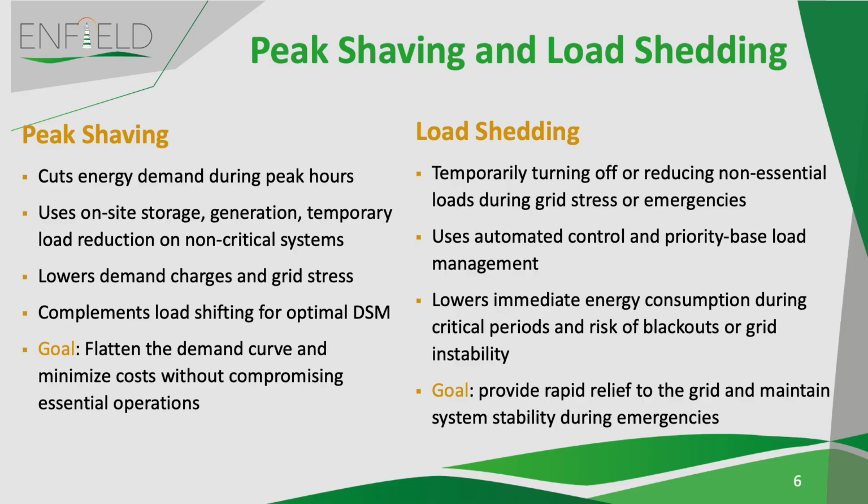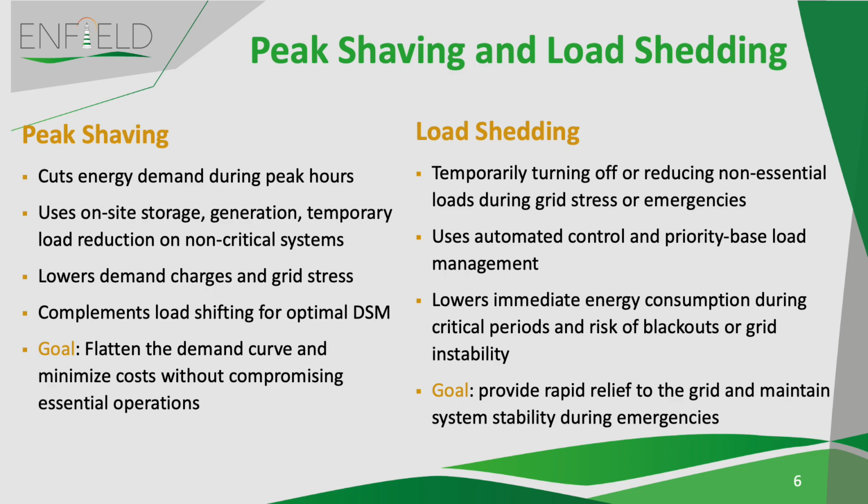What does it lower? Immediate emergency consumption during critical periods, which helps maintain grid stability. And it complements both load shifting and peak shaving by acting as a backup when other strategies aren't enough.